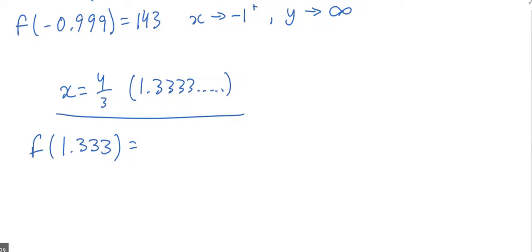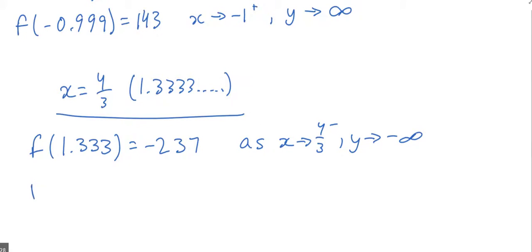You've got to work with this stuff and get to a point where you convince yourself. Don't ask me on the test, is this big enough? Okay, so this tells us as x approaches 4/3 from the left, y is going to -infinity, right? It's going down. And then I like that idea, 1.334. And that gives us 119, 120.